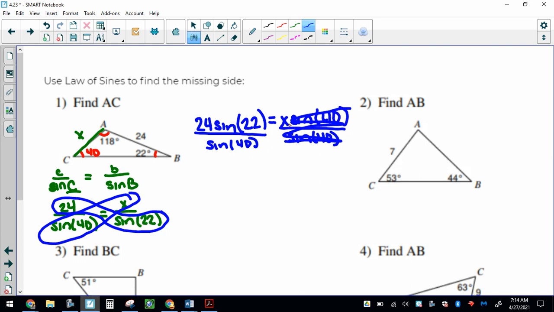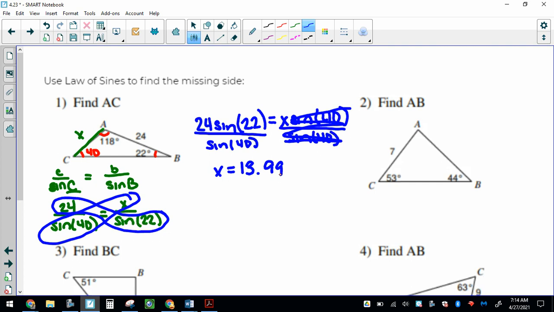And then look, I have x by itself. This goes into your calculator. So 24 sine 22, you can either use a handheld calculator or you can use Desmos. And I got 13.99 when I typed that in.